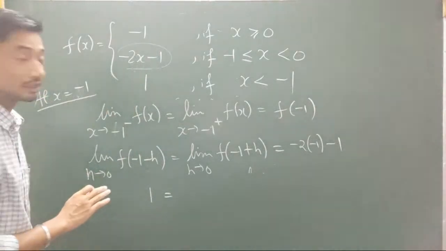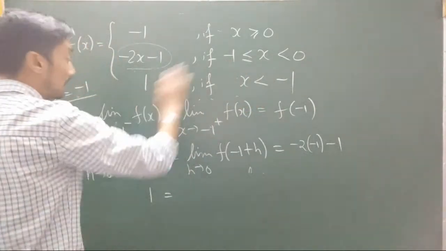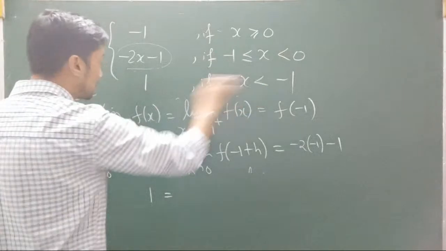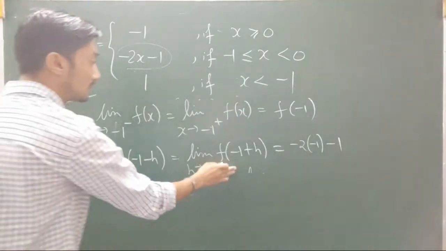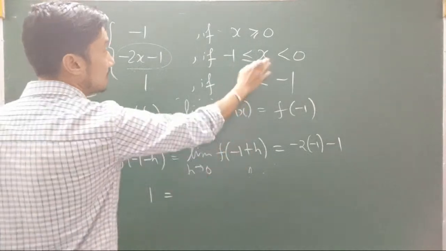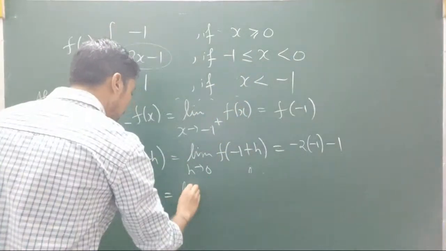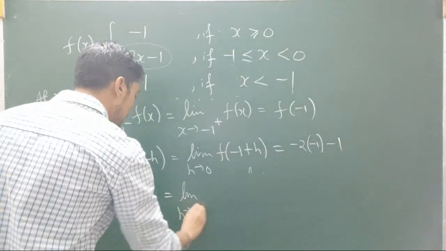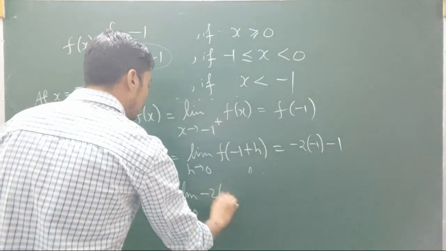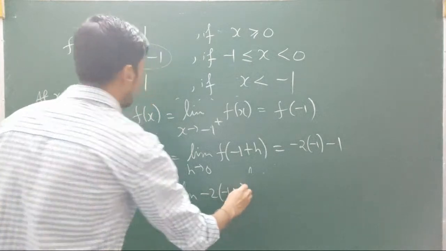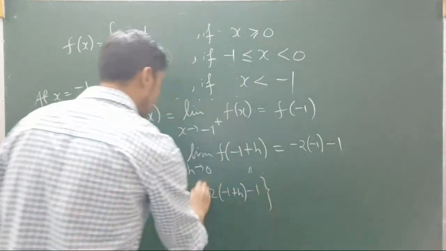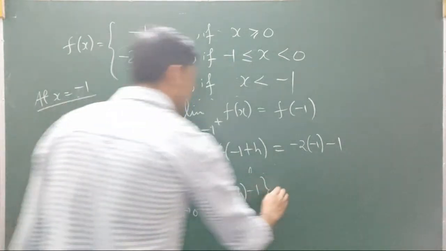Got it? So for x less than minus 1, it's already 1. So you don't have to solve again, only for this. Because when x is greater than minus 1, then we'll have to go to this function. That is limit as h tends to 0, minus 2 into minus 1 plus h minus 1, and this is 2 minus 1.